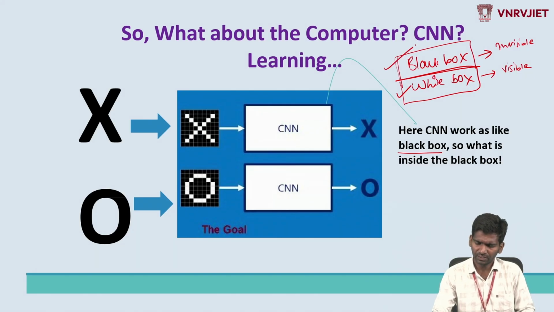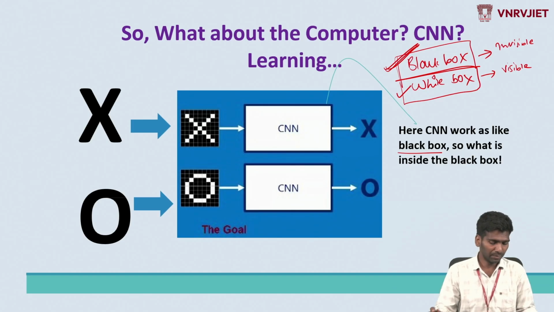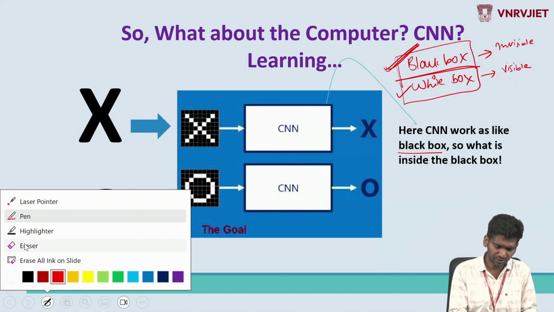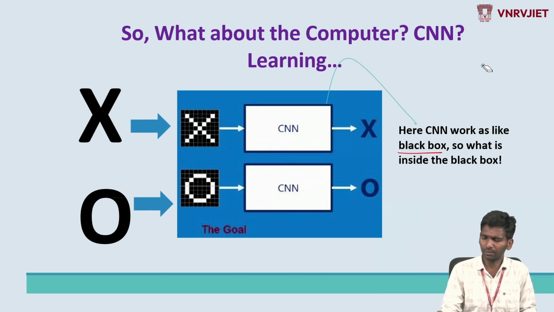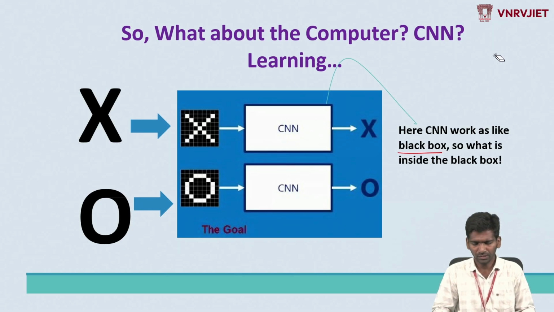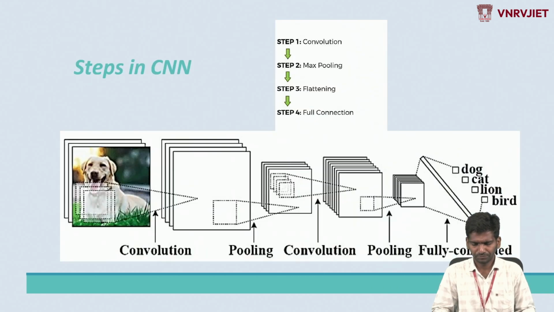But here we need to consider the CNN as a black box, where things happen internally which we cannot see, but we can see the concepts that happen in this black box. There are some steps. The very first step is convolution. So what is convolution?